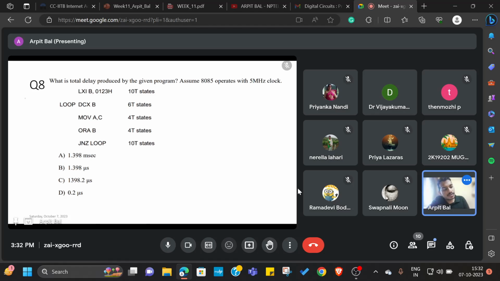Step 1 is ask this question: is there a loop? If no, then add up all the delays. If yes, then figure out how many times the loop will be executed.